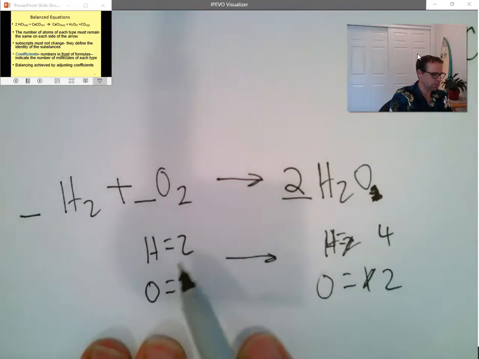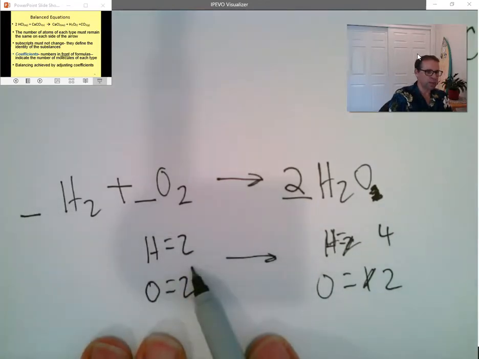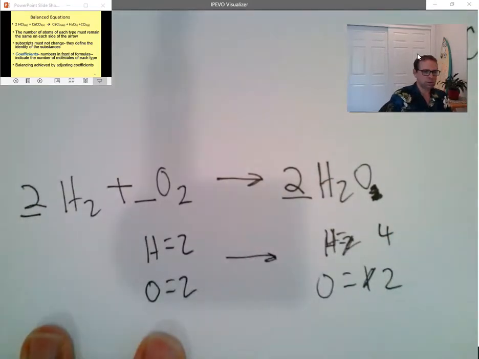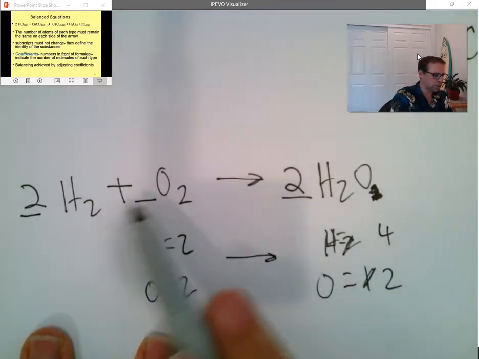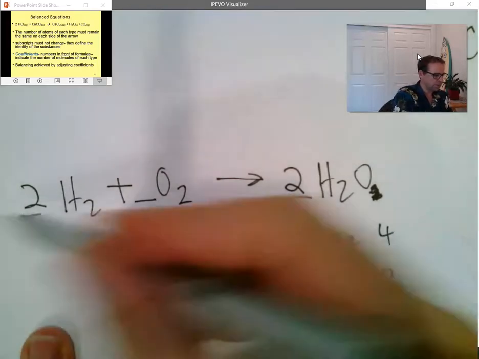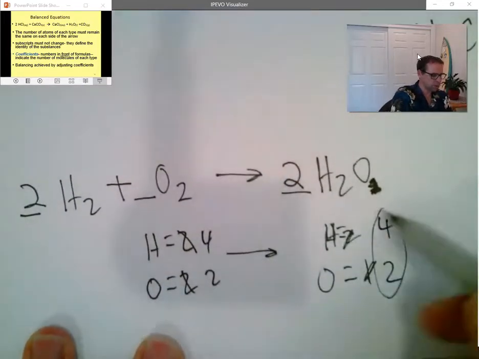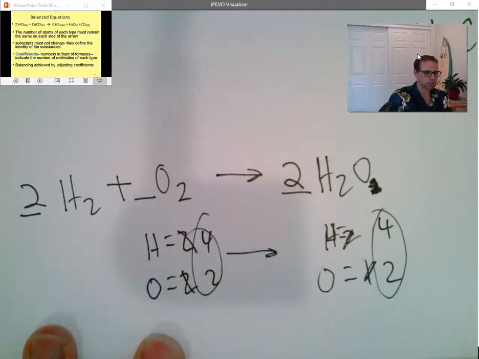What do I have to do to get the appropriate number of hydrogens on the left? A 2 coefficient. That's right. So when we do balancing, we only change the coefficients. If I did the counting again, I'd see that I got 4 there and I still have 2 oxygens. So I'm balanced.